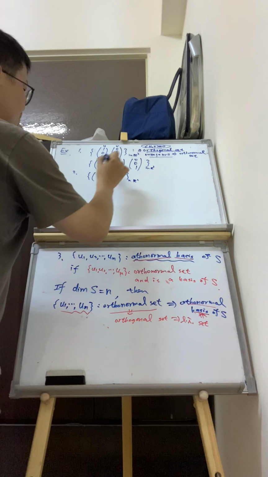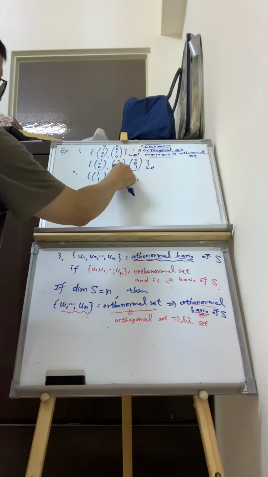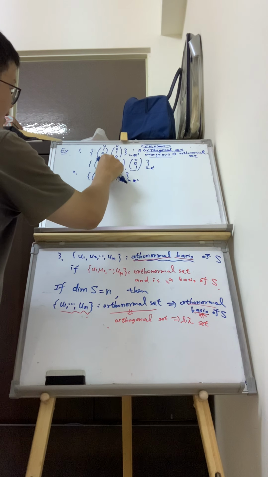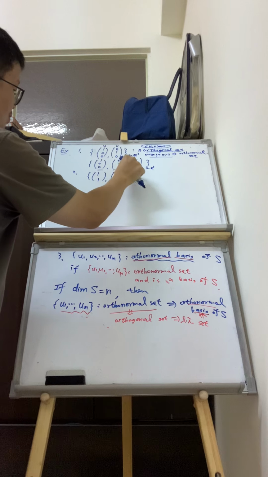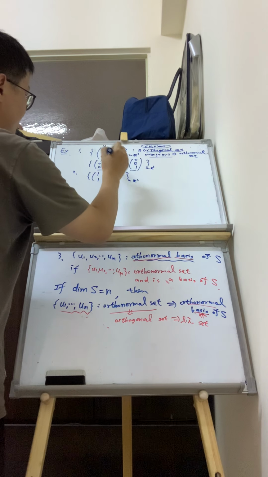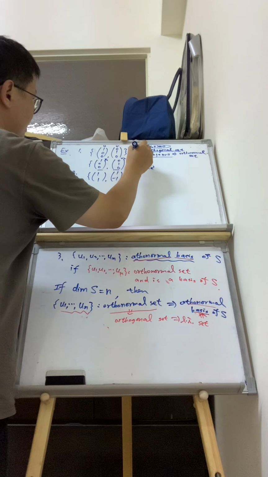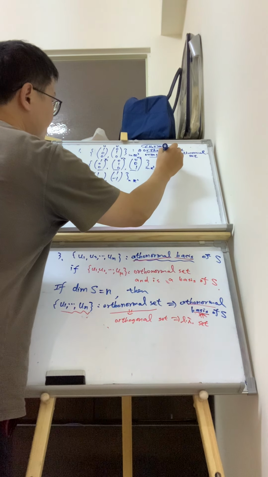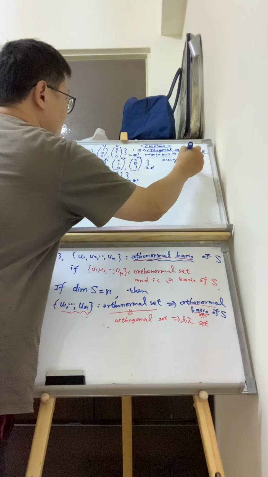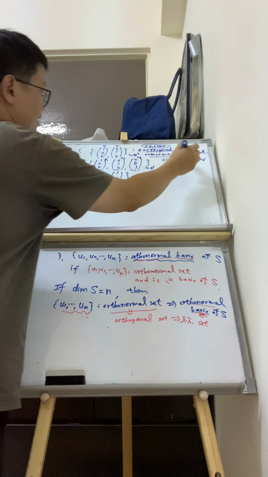And in R3 space, now we have three vectors, and all of them have length 1, all of them are unit vectors. Once you consider the inner product of each two of them, U1, U2, U3, then (ui, uj) equals 1 if i equals j, since it's a unit vector.